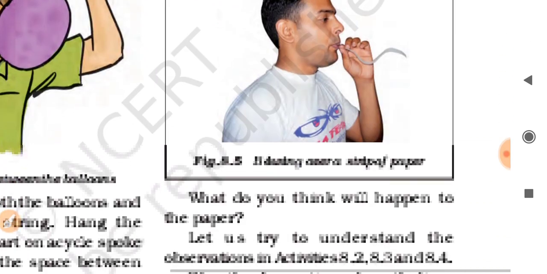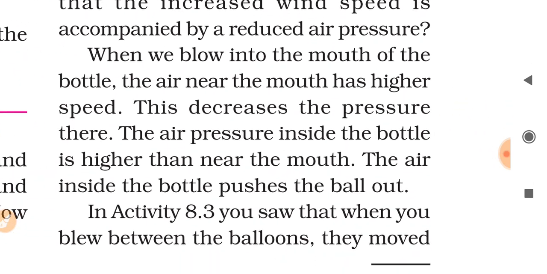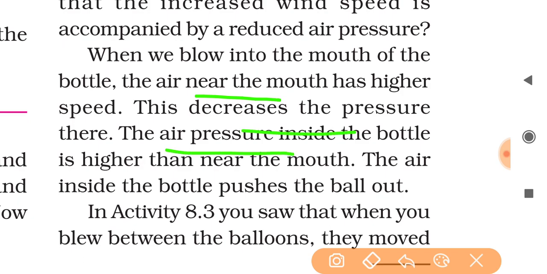When we blow at the mouth of the bottle, the air near our mouth has higher speed. This decreases the pressure of the air. The air pressure inside the bottle is higher than near the mouth. The air inside the bottle pushes the ball out.